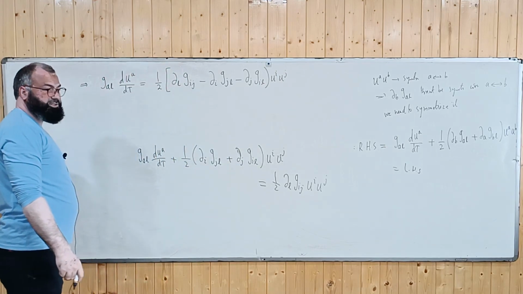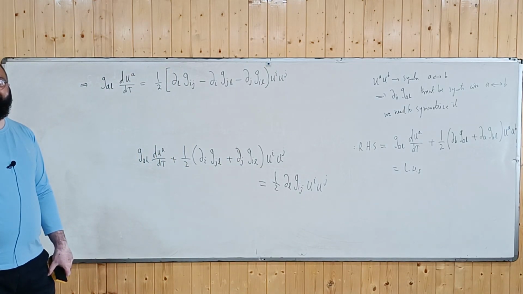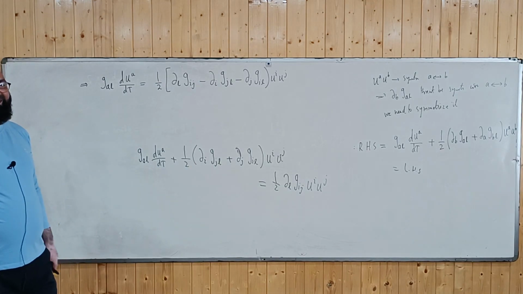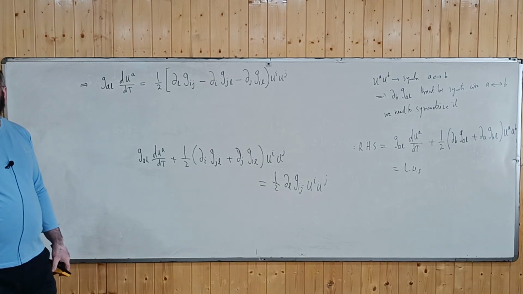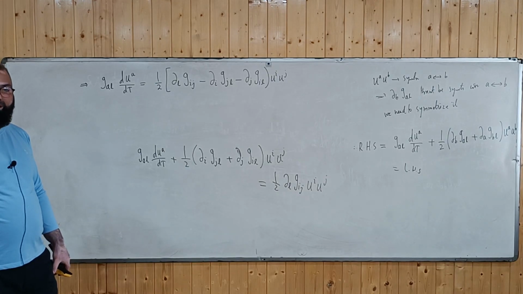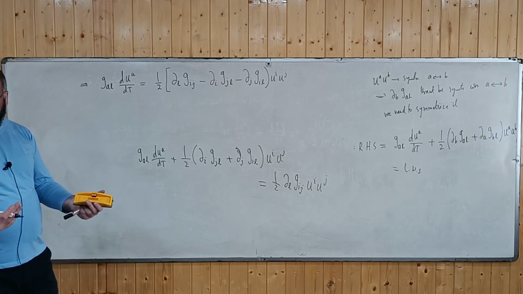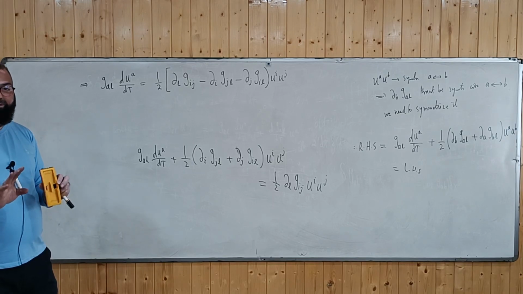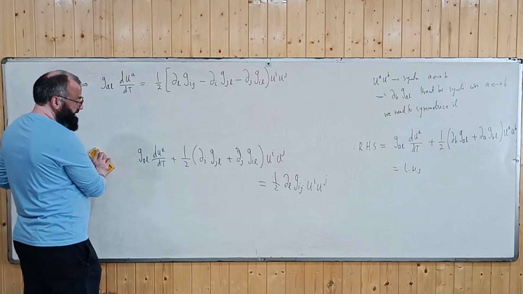So we call this the geodesic equation. We will simplify it in a moment. This is an equation of motion of a free particle on a curved surface, or curved space-time. Have you written it?